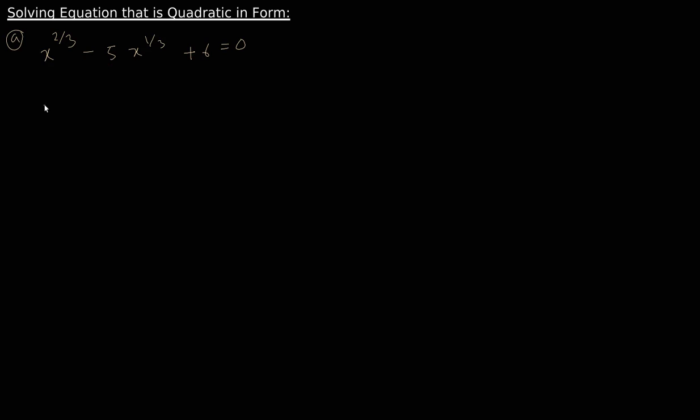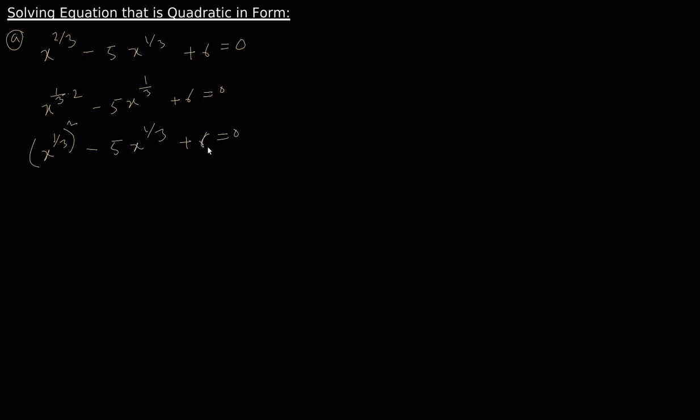Now the first term I can write as x to the power 1/3 multiplied by 2, minus 5x to the power 1/3 plus 6 equals 0. Now I can write the first one as (x^(1/3)) squared minus 5x^(1/3) plus 6 equals 0.